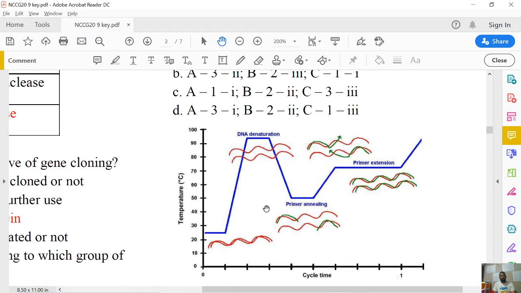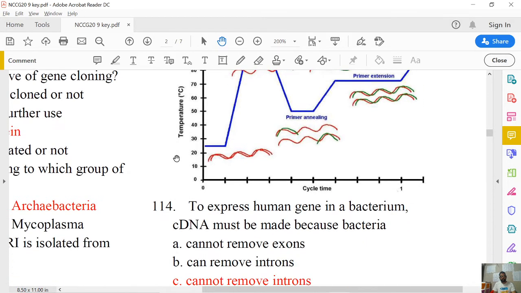So each cycle will be this. When you take the double stranded DNA and keep it in the PCR machine or thermocycler, we just set the temperatures, and this cycle will be repeated again and again. For example, if I repeat this cycle for 30 times, this one DNA will become 2 power 29 copies. That's how the extension will be.